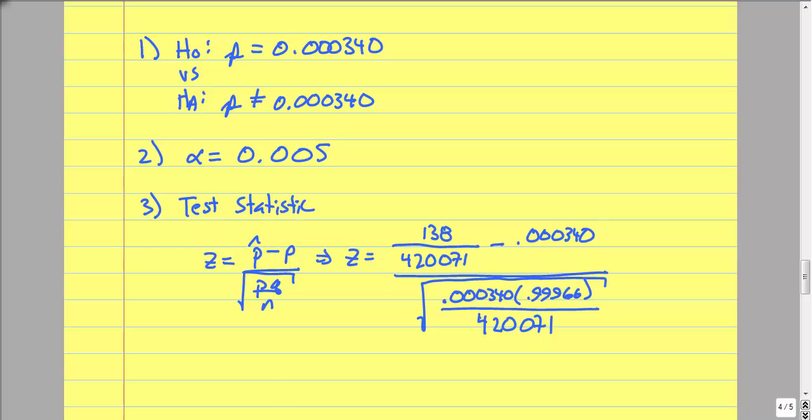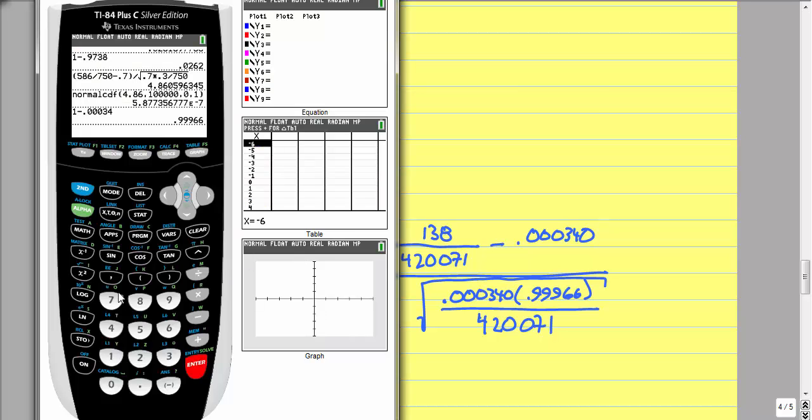So to find that z value, we go ahead and plug it into our calculators. There has to be parentheses around the numerator, so 138 divided by 420,071, and that's in parentheses, minus my hypothesized proportion, which would be 0.000340, divided by the square root then of 0.00034 times 0.99966 divided by my sample size of 420,071.